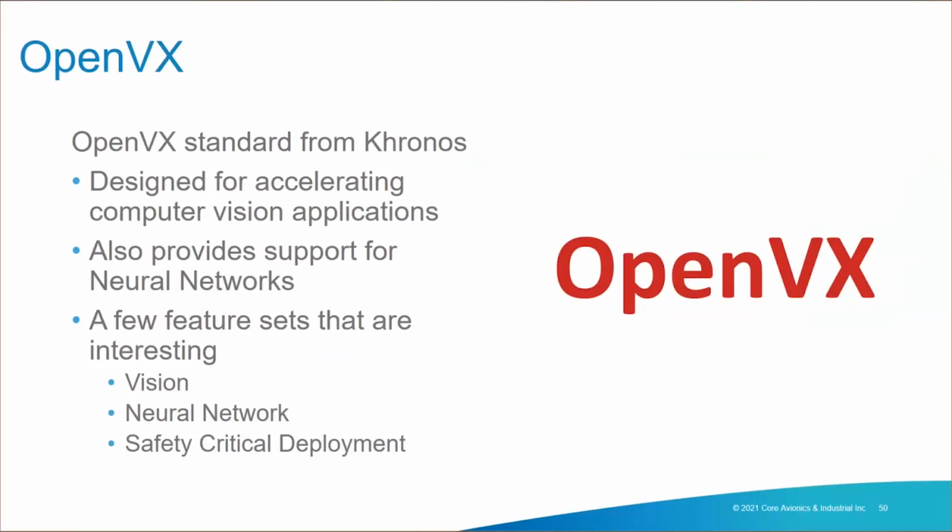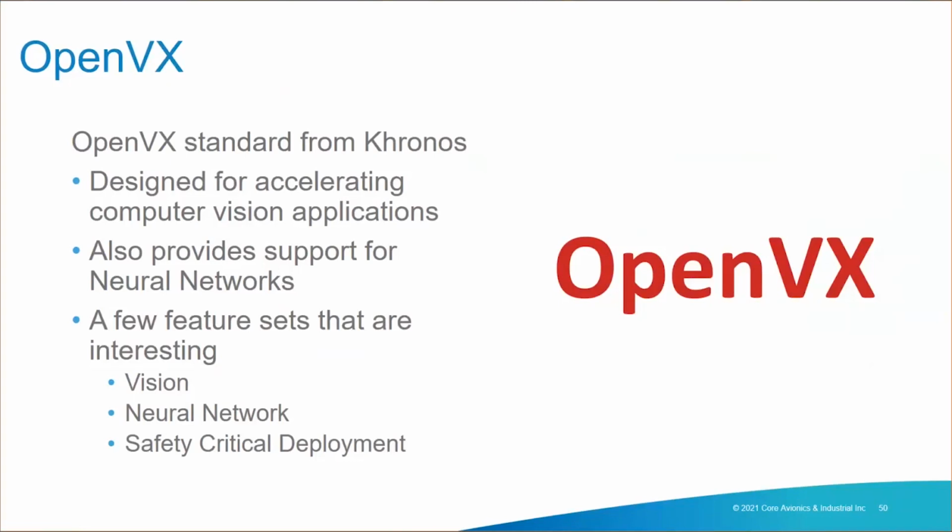It does this by providing a number of functions that are meant to be accelerated by devices like GPUs or other processing devices like FPGAs or neural network processing units. So it provides functionality to do hardware accelerated deep neural networks, as well as more classical computer vision operations like image filters, Gaussian filters, Sobel filters, edge detection, that kind of stuff.